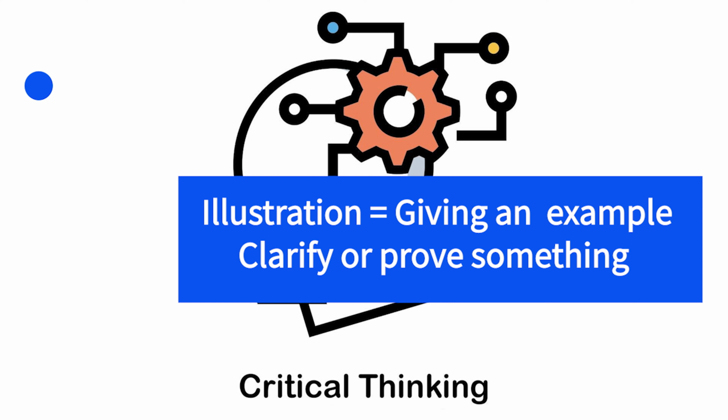Next, we have an illustration. Now, the easiest way to remember what an illustration is: an illustration is another word for an example. Illustrations can be used to clarify, maybe, or prove something.